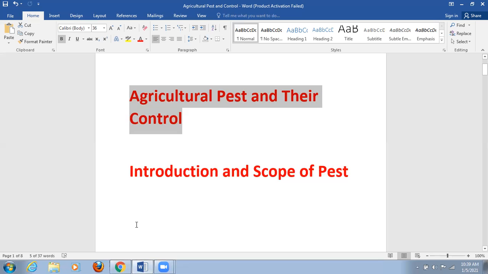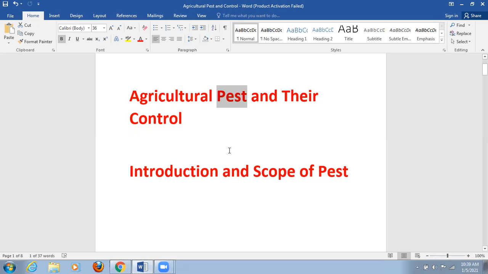These are the important plants which provide economic wealth for the farmers. When insects or pests attack these plants, it destroys the economic wealth of the farmer. That's why it is important to learn about agricultural pests and their control.